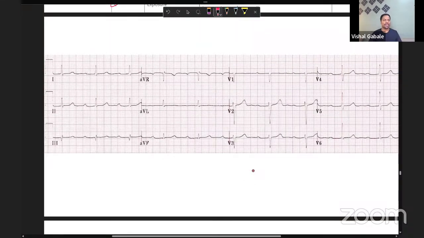Now, can anybody tell me the diagnosis of this ECG quickly? Let's play a quick quiz.